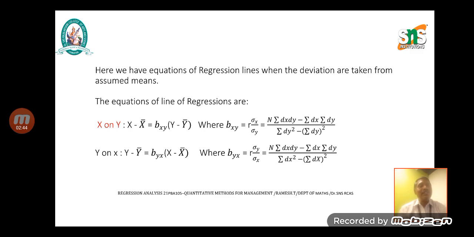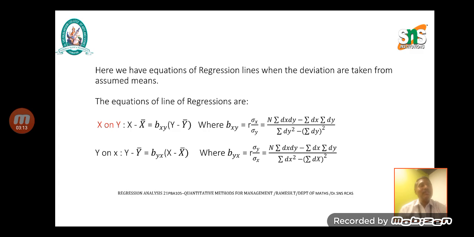And the regression line equation y on x is calculated by the formula y minus y bar is equal to byx times x minus x bar, where byx is r sigma y by sigma x, that is n into sum of dx dy minus sum of dx into sum of dy, divided by n sum of dx square minus sum of dx the whole square.